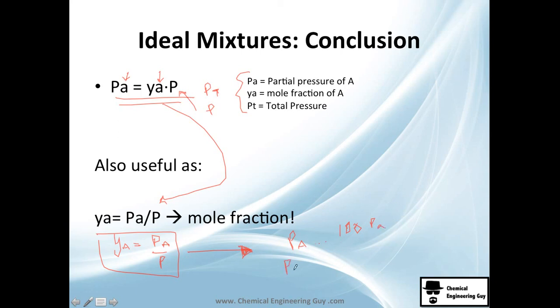And they tell you the total pressure in the stream is 250 pascals. And you don't like that much to work with pressures. We want to work with moles or mass fractions, mole fractions. So we could use this equation and find the mole fraction. With the mole fraction we can do our mass balances way easier.